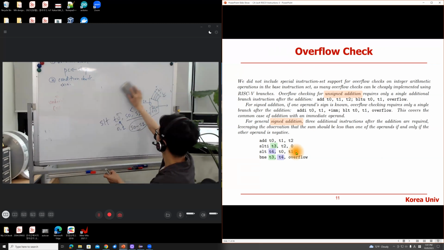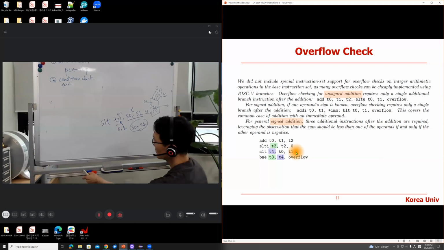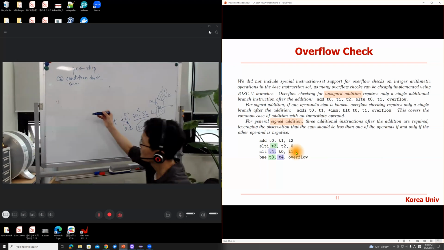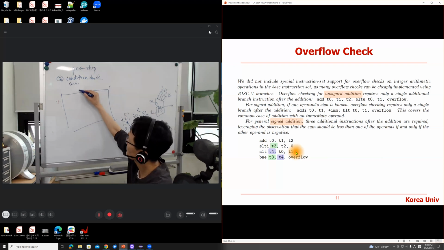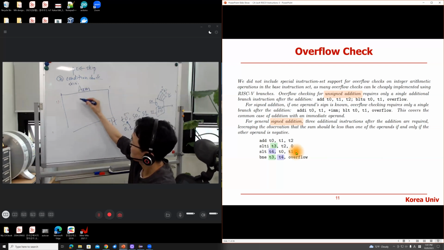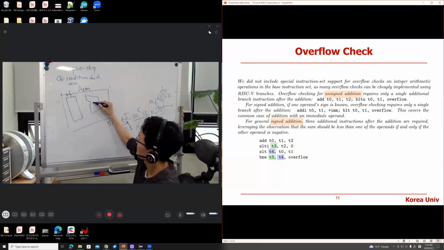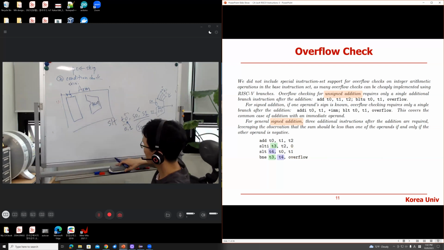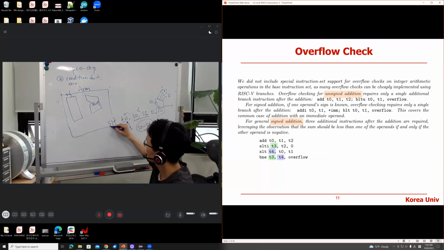So what does that mean? It's a little confusing, right? Let me explain with other CPUs like ARM, the smartphone CPU. It has general purpose registers, and ARM also provides a special register called the status register.